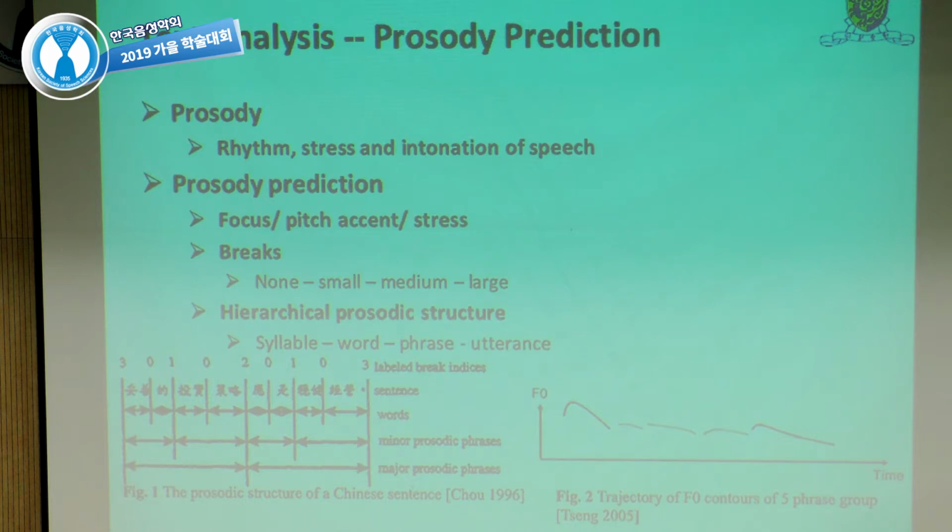And it's interesting that according to some research, it is shown that when humans utter speech, the intonation has a declination effect. And also at the beginning of every phrase, there is a restart. You can observe there is a raise at the beginning of every phrase. So we hope that we can synthesize such kind of effect in the output speech.